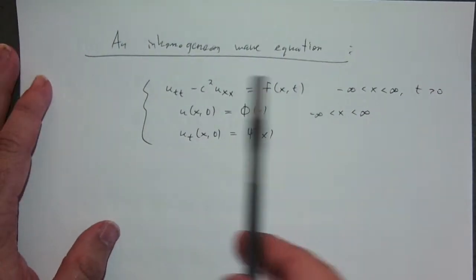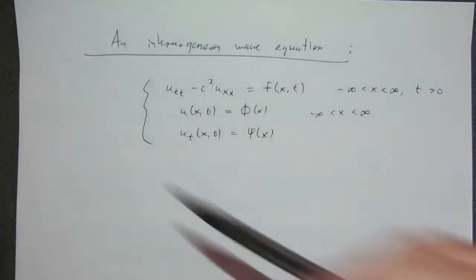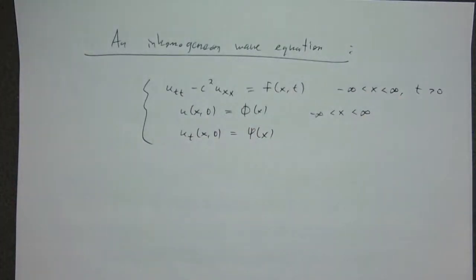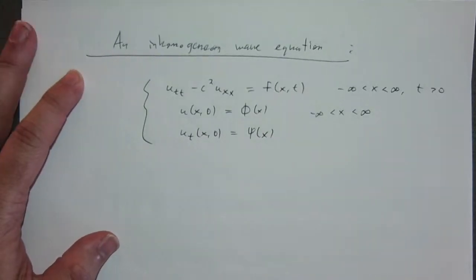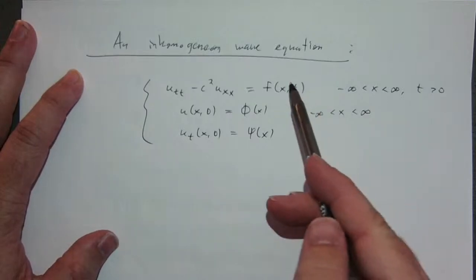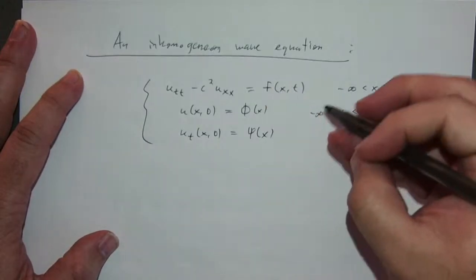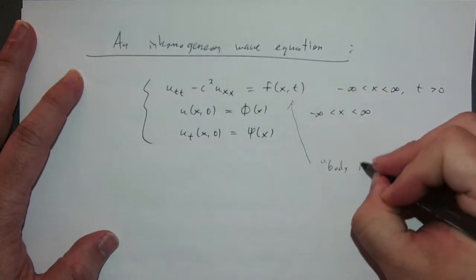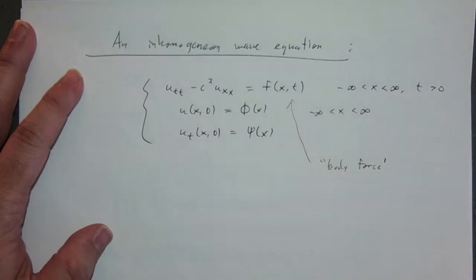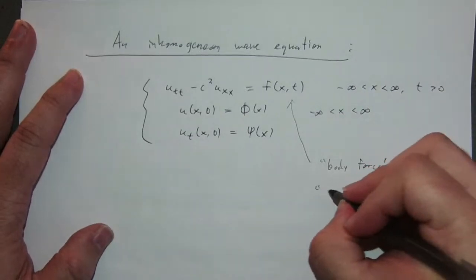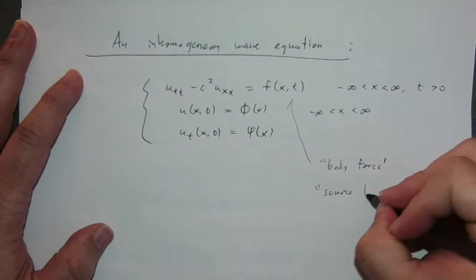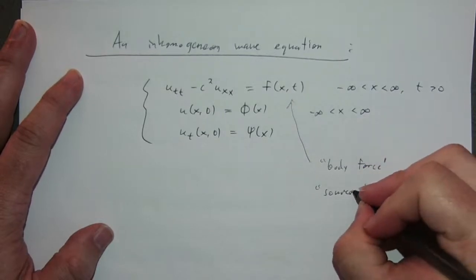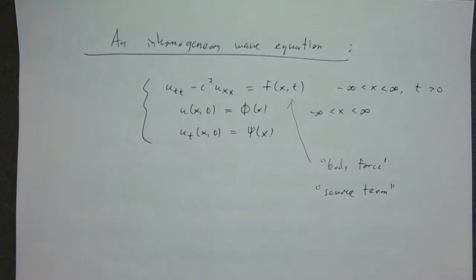So this is like a modified wave equation. How can I be sure that this is still modeling a similar thing? The idea is that this is a forcing function, or body force, or a source term. Sometimes we'll just call it the right-hand side function.